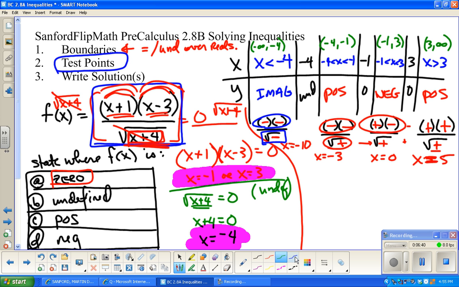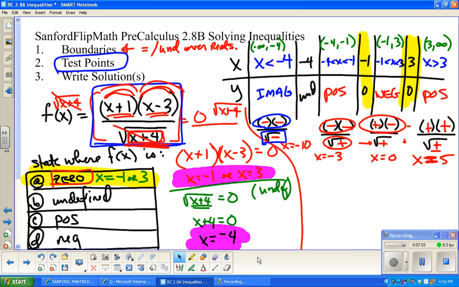So the zeros, well, anything that makes it 0. Okay, let's do a little highlighting to make this easier to follow. So this -1 makes it 0, 3 makes it 0. So you guessed it, those are my zeros, -1, 3. Okay, undefined.